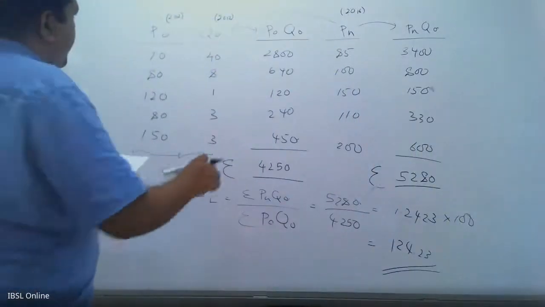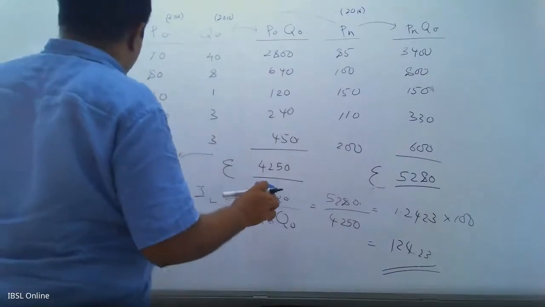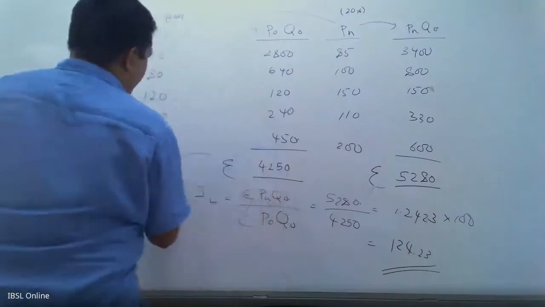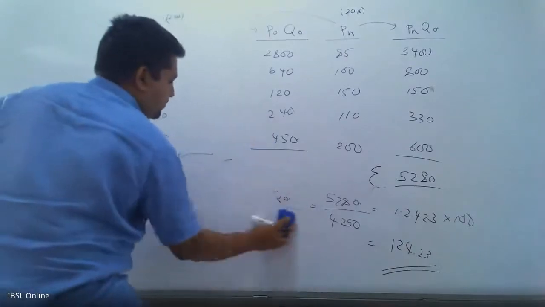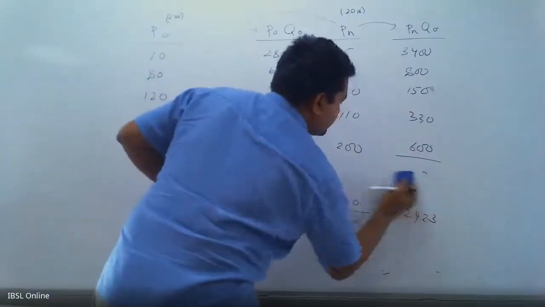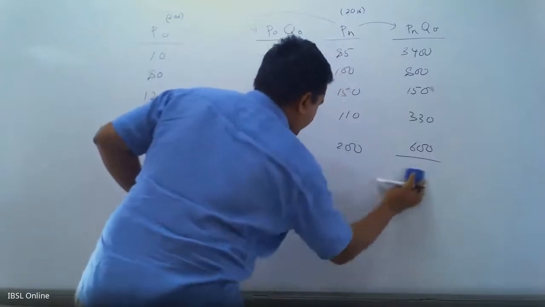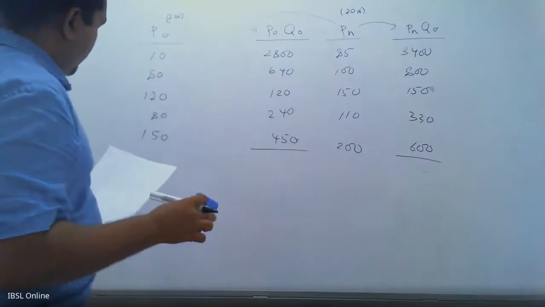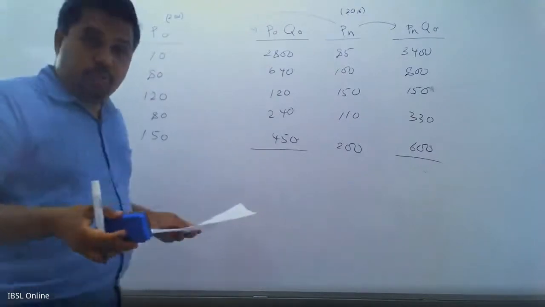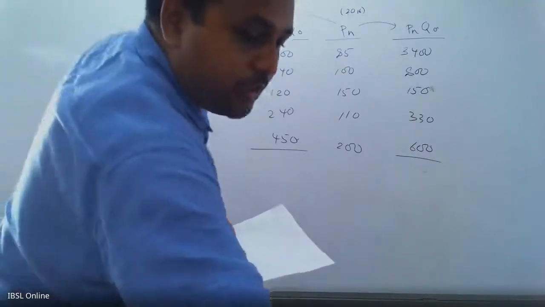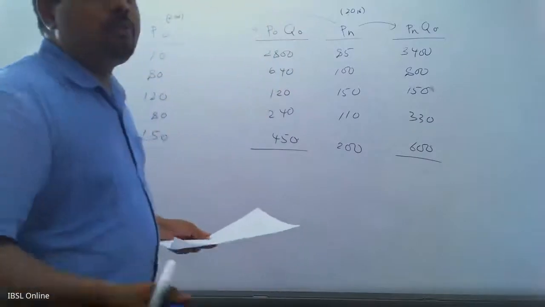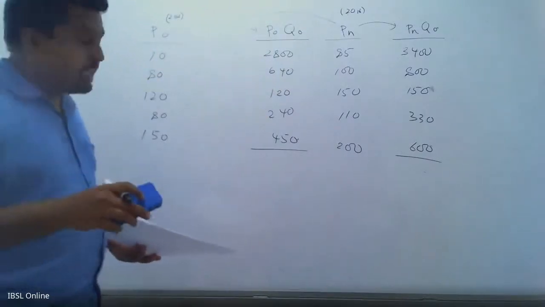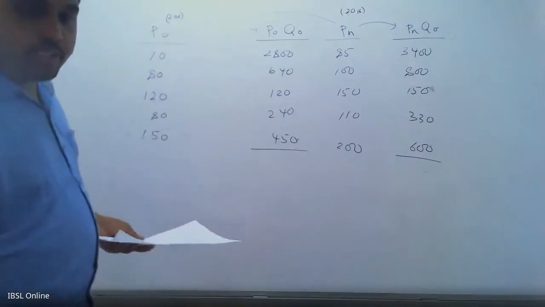So I have the P0 here, and instead of Q0 — do I need the Q0 anymore under the Laspeyres method? Of course, yes, I need the Q0, but for the Paasche method you don't need the quantities in the base year; rather you're going to use the quantities of your year of interest.